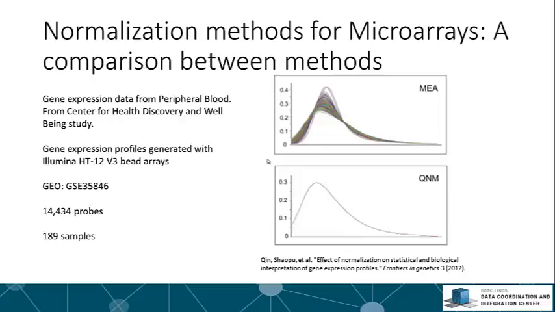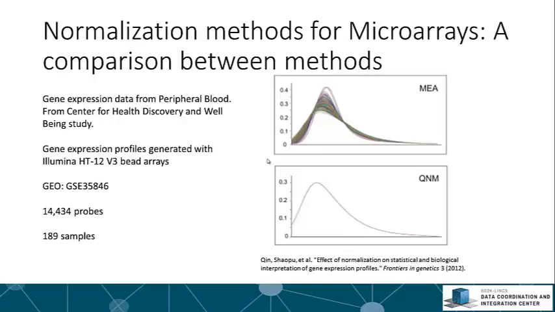This gene expression data came from a study by the Center for Health Discovery and Wellbeing, and you can look up this data yourself. It's on GEO. It has a GSE number of 35846.